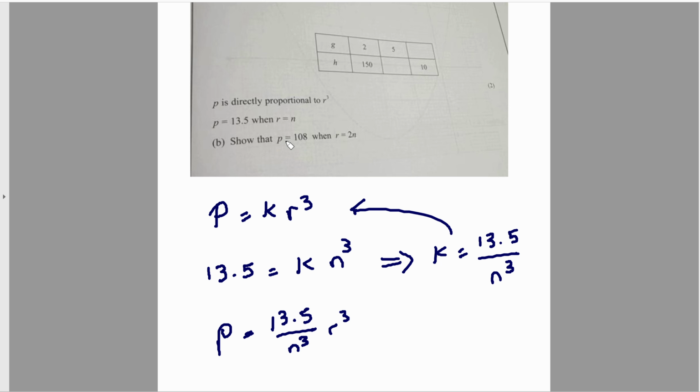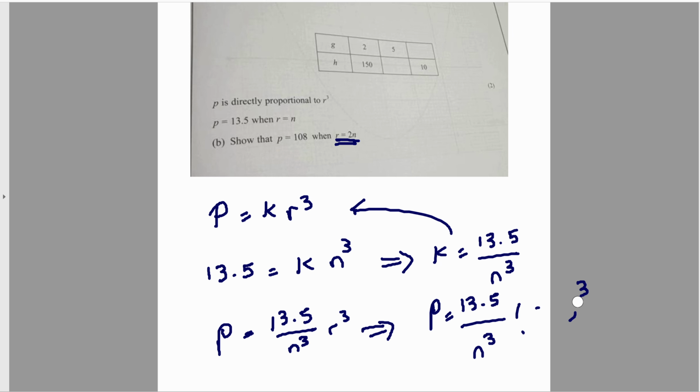Then he shows that P is 108 when R is that. So you need to sub this one. So I need to replace R with 2N. When you sub it here, what do you get? You get P equals 13.5 over N cube, and bracket, we replace R with 2N, and that's cubed. 2N cubed is actually 8N cube.